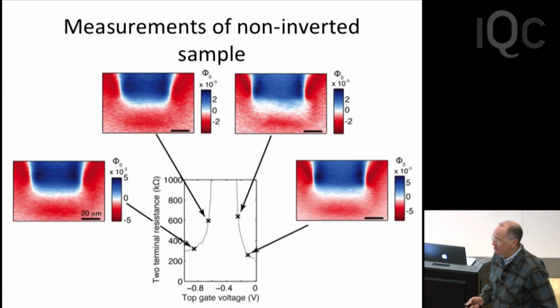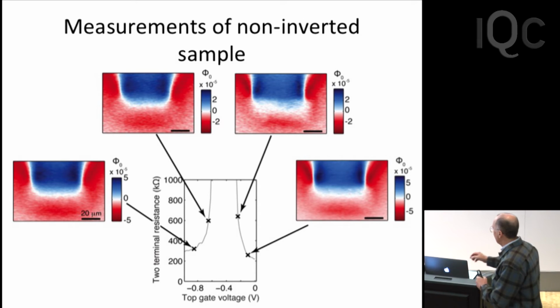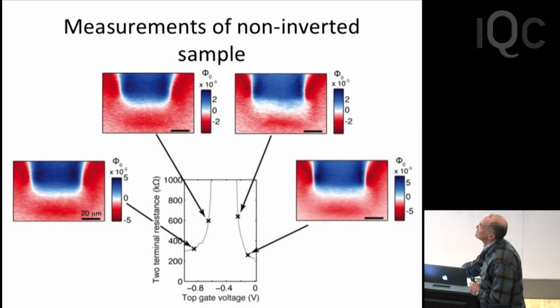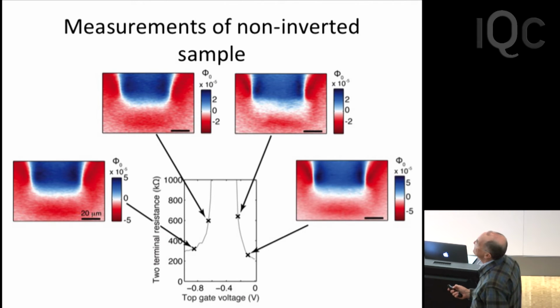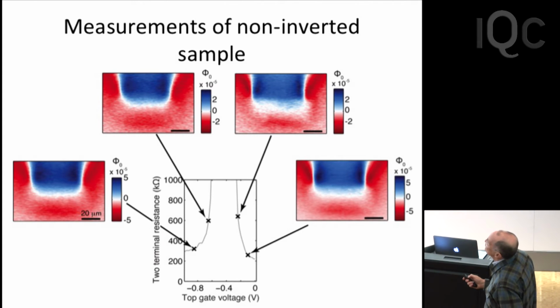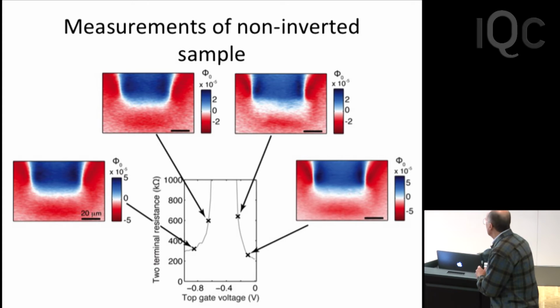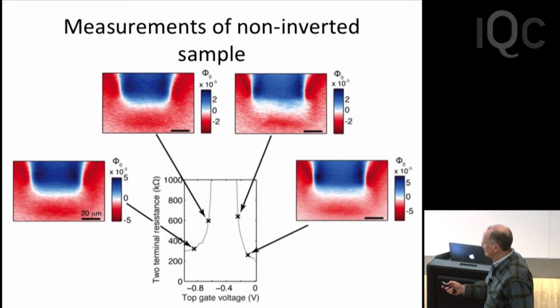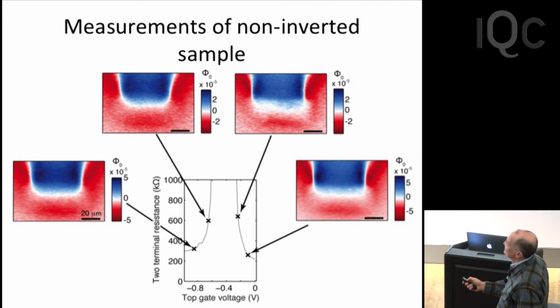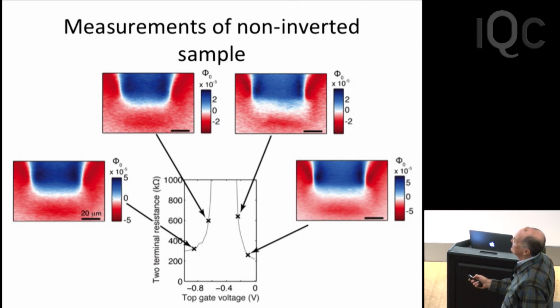In order to sort of quantify the relative contributions to the current from the bulk and from the edge, what Katja did is fit cross-sections through the data to a three-component model. And so there's a component to the top edge, to the bulk, to the bottom edge.